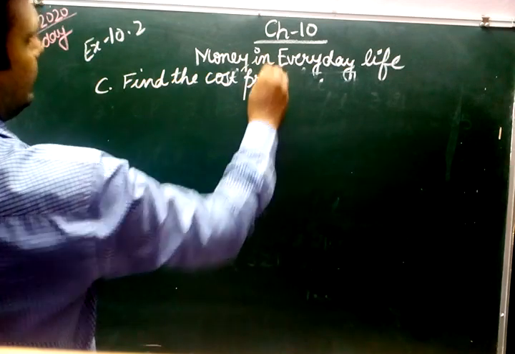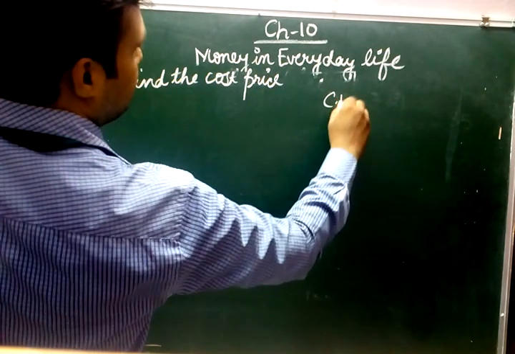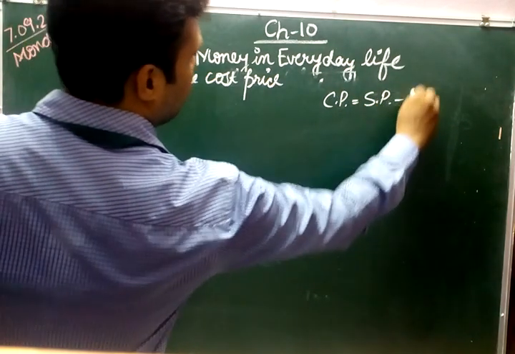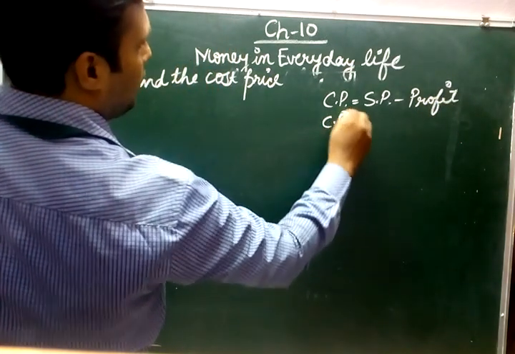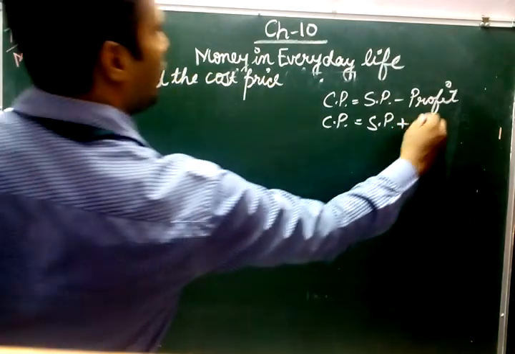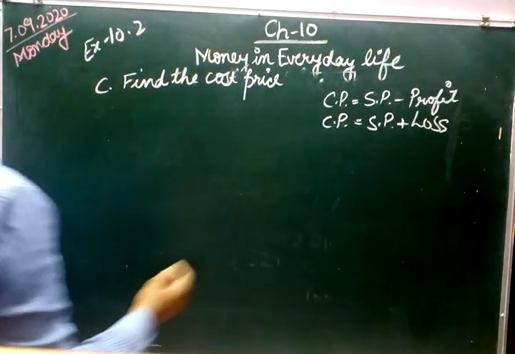Two formulas are there for finding the cost price, which we have learned earlier. Cost price equals selling price minus profit. When profit is given to us, we use this formula. Cost price equals selling price plus loss, when loss is given to us.